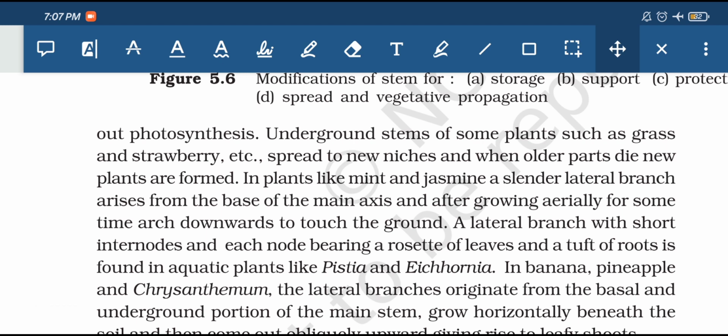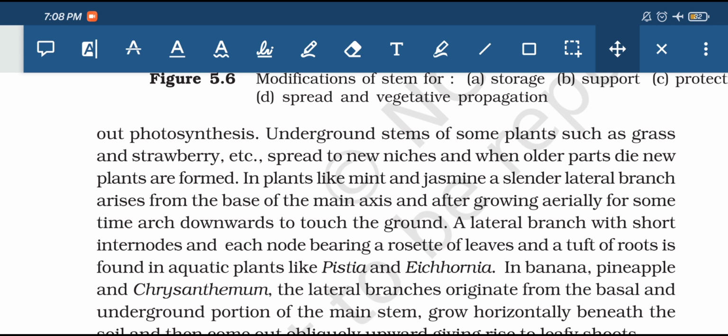Then comes underground stem. Underground stems of some plants such as grass and strawberry spread to new niches, and when older parts die, new plants are formed. In plants like mint and jasmine, a slender lateral branch arises from the base of the main axis, and after growing aerially for some time arches downwards to touch the ground.